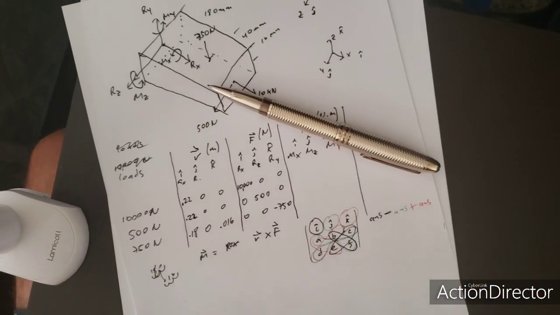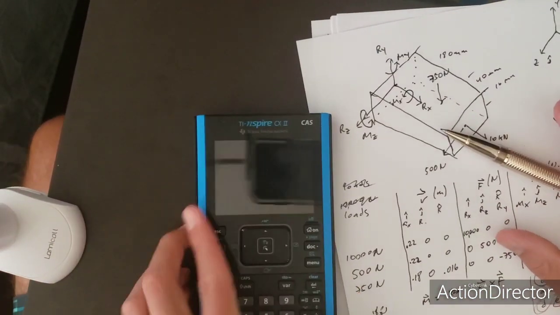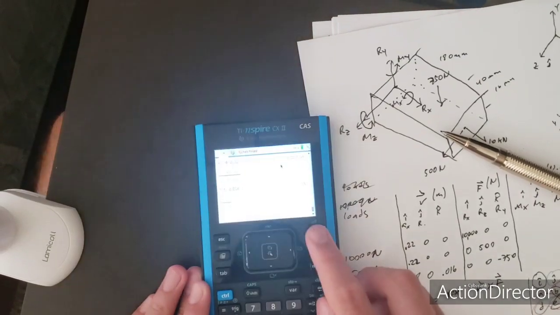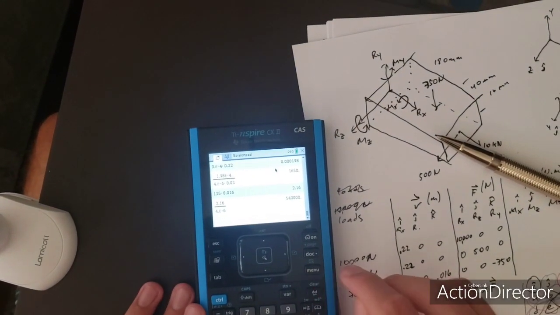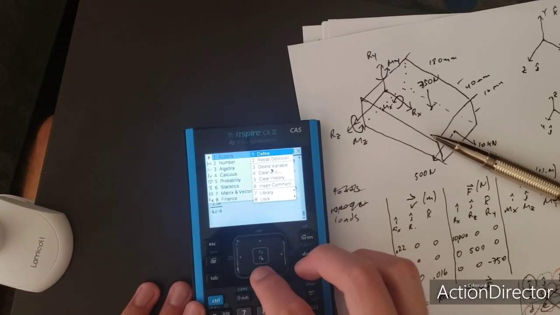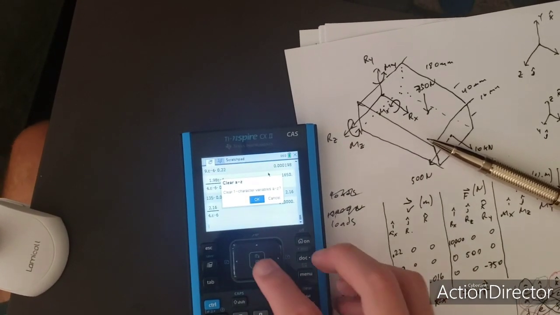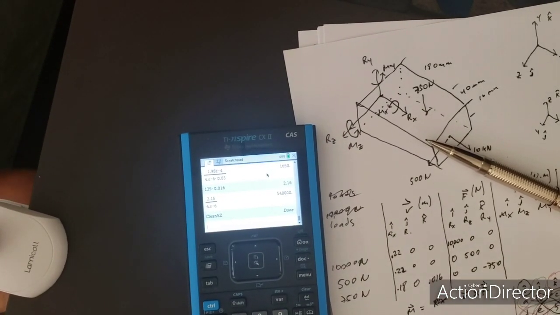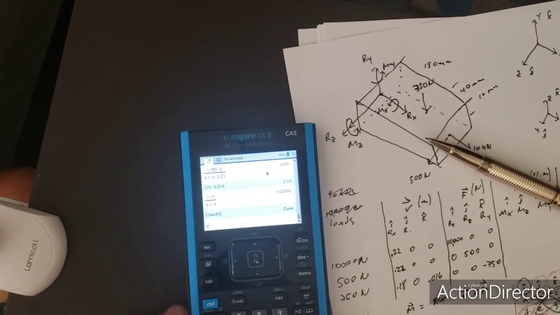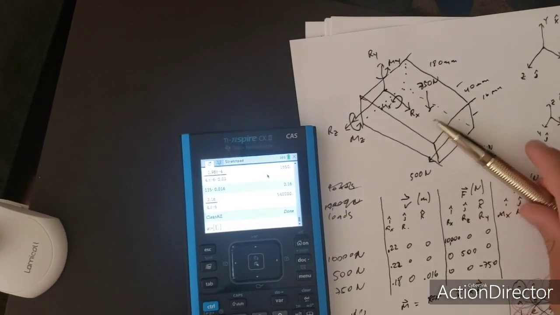Okay, but I'm going to do it in the calculator, and I'm going to start by naming the vectors. And I have this. Let me clear the memory. Because I did it before and don't want to screw up. Yes, okay. Now, vector A, I'll define it as this vector.